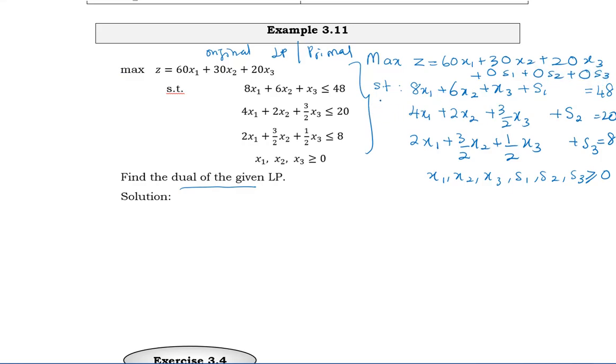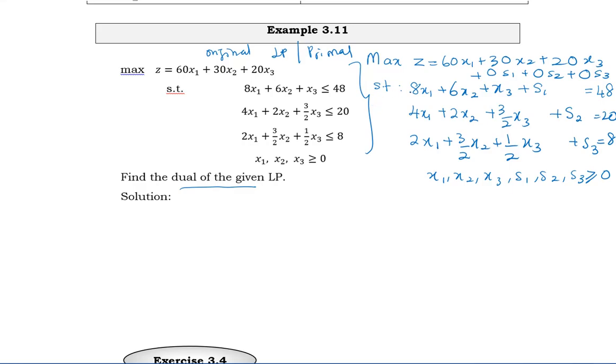Okay, from here, to convert this primal problem to the dual problem, remember in the previous page it is already mentioned that the number of constraints will equal the number of variables.